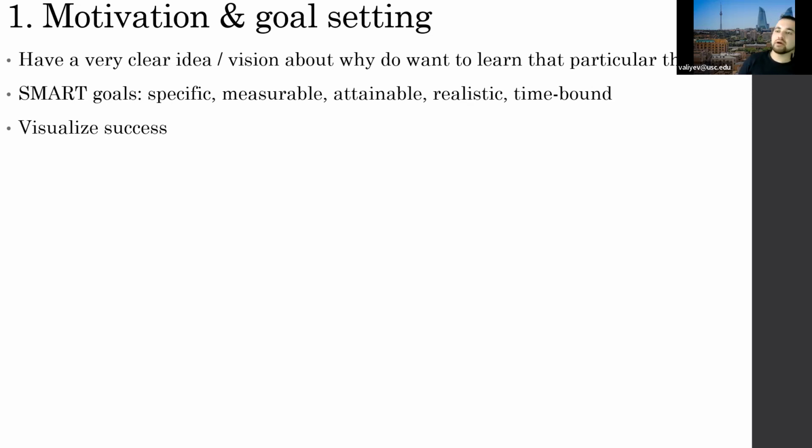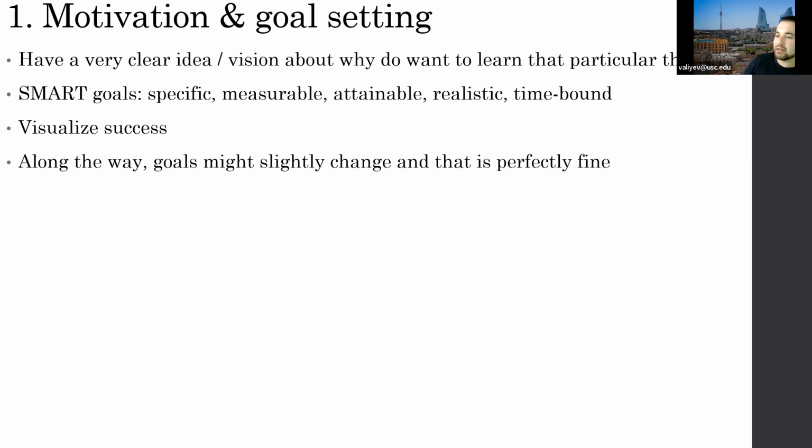I knew that some people come to a full stop at some point, but at this point you should think about why you started in the first place. I was visualizing, okay, if I do this and it's successful, I will have this and this, and it will be very exciting for me. That visualization of success was a very important step for me to go through all the obstacles. So that's why I included this point.